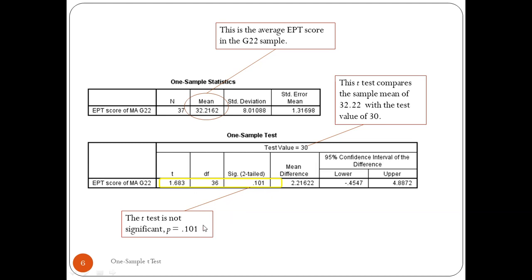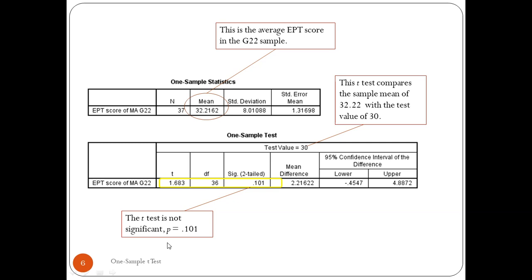So the most important number perhaps is the p-value or probability value. So the t-test is not significant. It is not significant because p-value is greater than 5%. P-value has to be less than 5% in order for us to reject the null hypothesis.